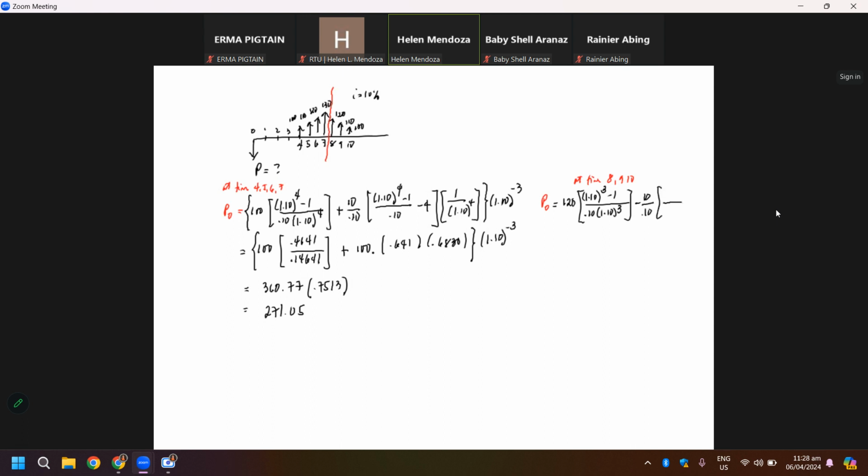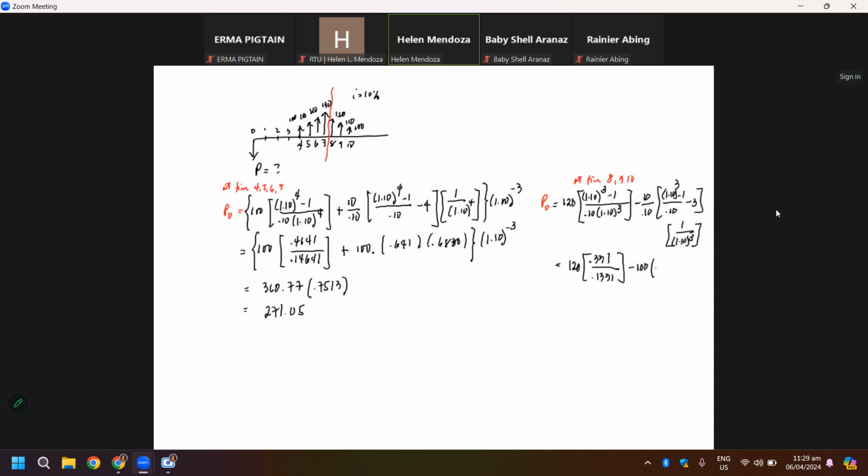And we would have 1.1 raised to 3 minus 1 divided by 0.1 minus 3. Then we would have the multiplier 1 over 1.1 raised to 3. So, there it is. So, we have this as 120 multiplied by, please check, 0.1331. So, this is minus 100.